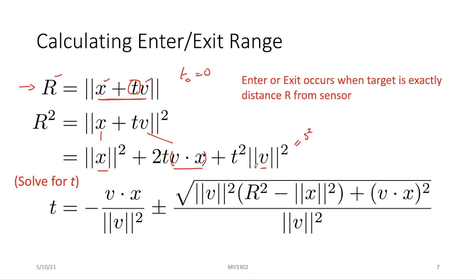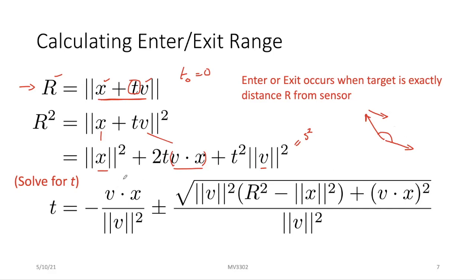If my x vector is something like this, and my velocity vector is kind of going like that, then as vectors, the angle between them is an obtuse angle, and the inner product of two vectors with an obtuse angle is actually negative.